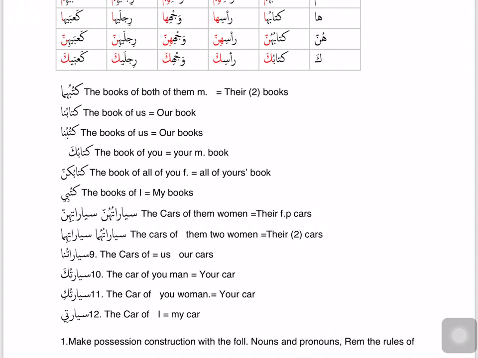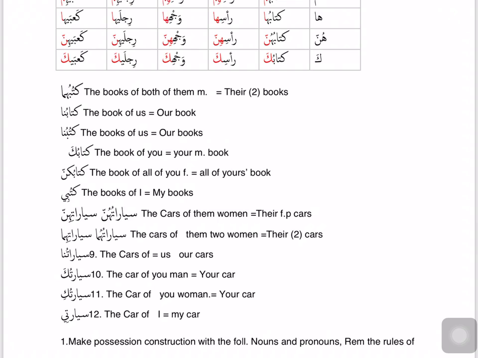If I was trying to say your car, I can say sayyaratuka. I'm trying to say her car, sayyaratuha, right? But when I want to say my car, I have to change the dhamma on sayyaratu to a kasra. The reason for that, again, doesn't have anything to do with grammar. Again, this is a phonetic reason, the way it sounds.